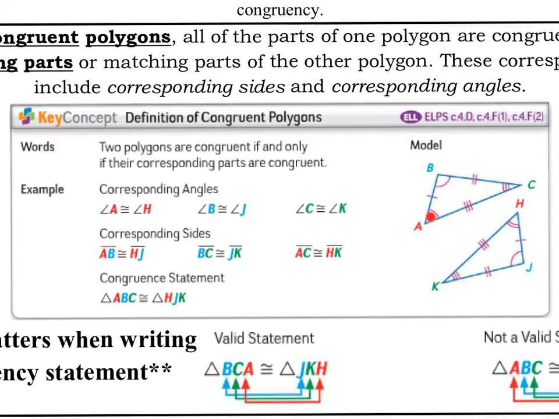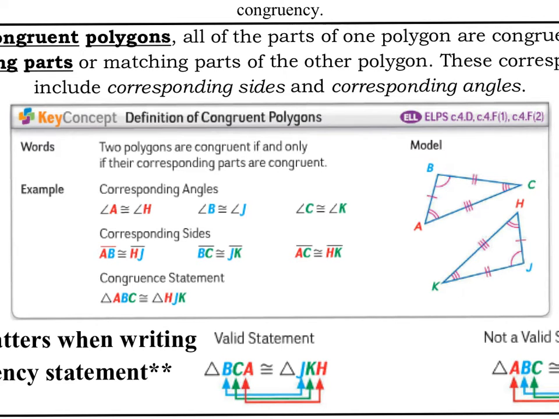See how they said A, B, C? That goes 2, 1, 3, right, with the dash marks. And their congruency statement says HJK, so it says HJK 2, 1, 3. So it's the same pattern.